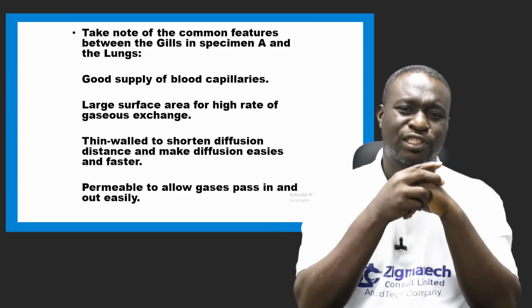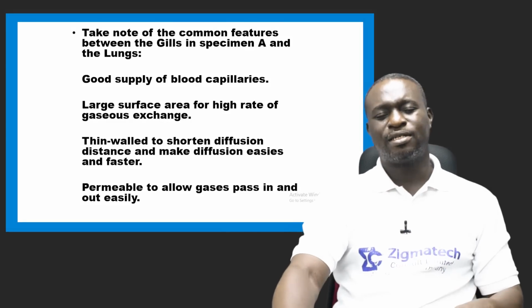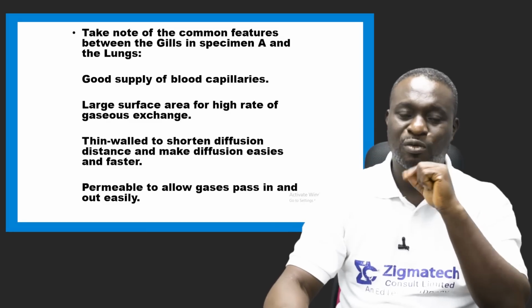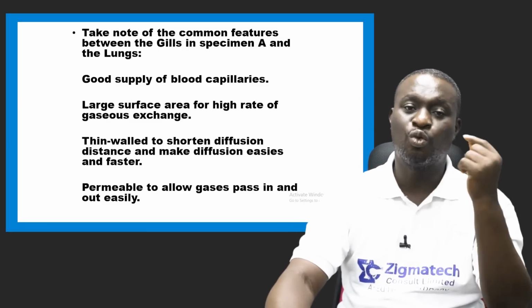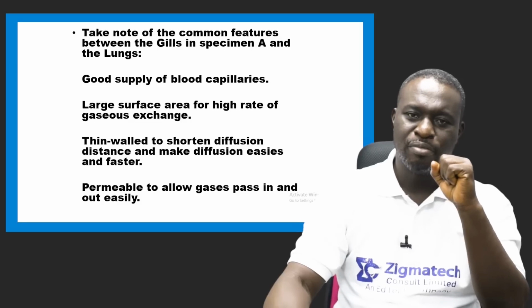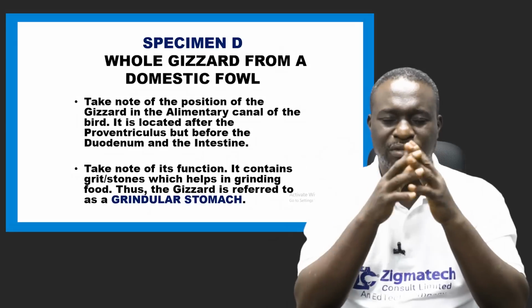So these are some common features between specimen A and specimen C. Please take note of this. I'm vouching that this particular question will come out: common features between the gills of the fish and the lungs.